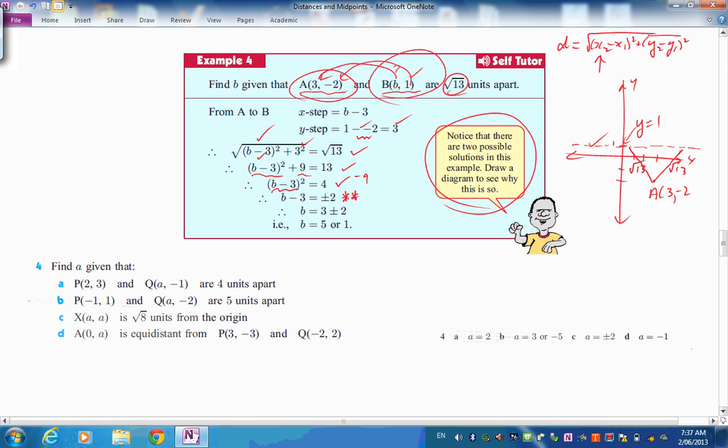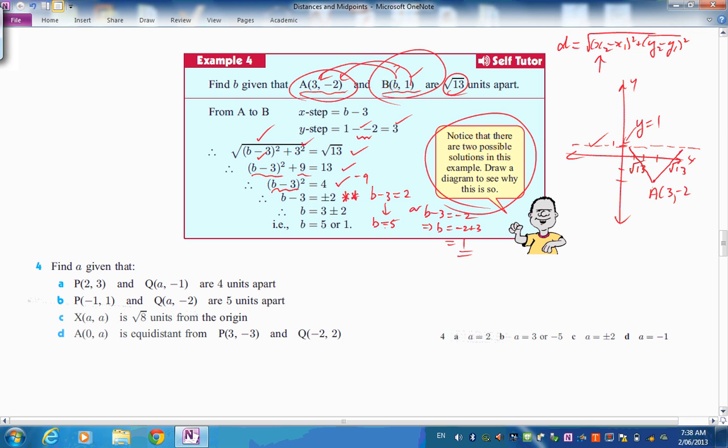Right? There are two numbers which multiply together to give 4. A positive 2 by positive 2 gives 4. Neg 2 by neg 2 gives positive 4 also. So now solving that, I would prefer it written out like this. B take 3 equals 2, or B take 3 equals neg 2. Therefore B equals 5, or this one implies B equals neg 2 plus 3, which is 1.